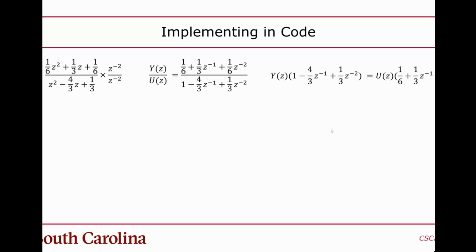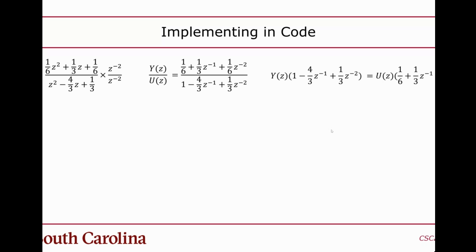And then I have to change the form a little bit to where I can get the output, which is y. Remember, the output is y and the input is u. If I'm going to convert this to C code, I need y on the left side of the equation, and I need all of the stuff that's a function of u on the right side of the equation. But what about the past values of y? Well, those will also go on the right side of the equation.